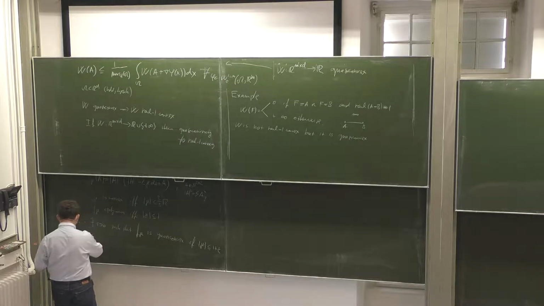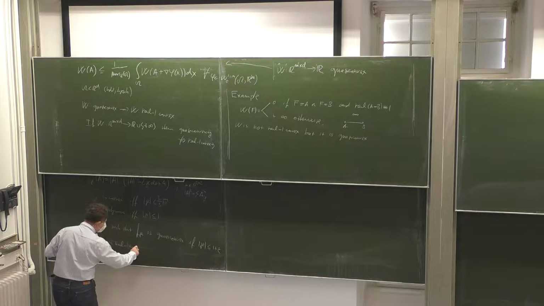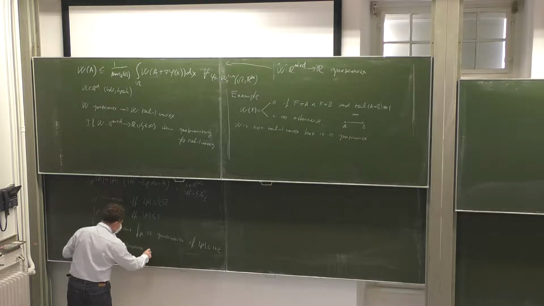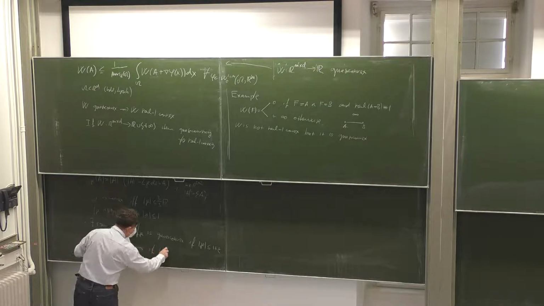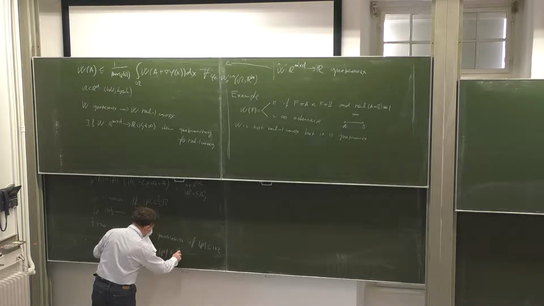And the last point says F gamma is rank 1 convex if the modulus of gamma is bounded from above by 2 over square root of 3.